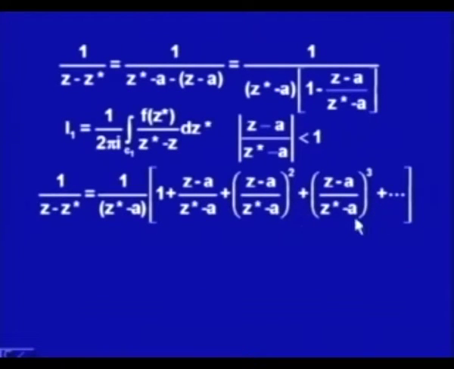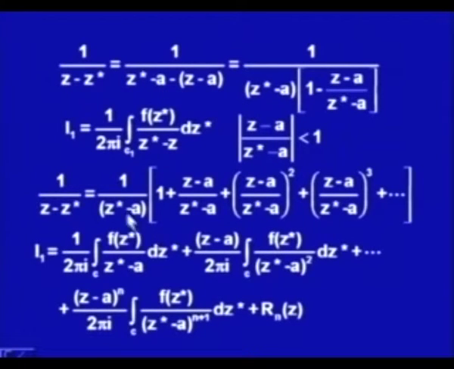So, here we have expanded this function in powers of z minus a divided by z star minus a, the modulus of z minus a over z star minus a being less than 1. So, this series is convergent. So, we are writing this part of the integrand 1 upon z minus z star as this. So, this will be substituted in the integral I 1.